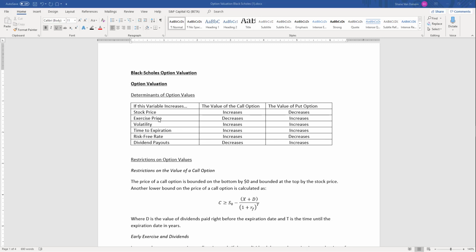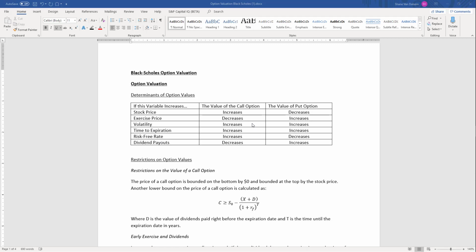If the exercise price decreases, which doesn't happen after the option's been issued, but if an option is issued with a lower exercise price relative to other options, the value of the call option goes up. If the exercise price increases, the value of the call option decreases, and the value of the put option increases.